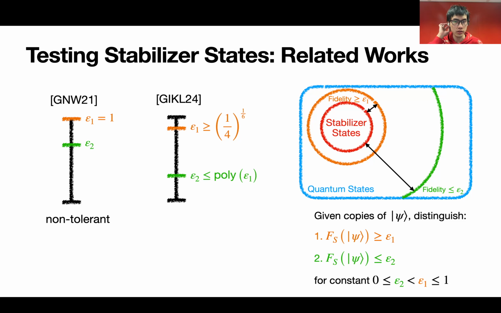Later, in GIKL24, they gave a tolerant tester, but it's not fully tolerant, which means that epsilon 1 can only be chosen larger than some constant number. You cannot choose epsilon 1 to be an arbitrary constant between 0 and 1. The relation between epsilon 1 and epsilon 2 is quite good, it's polynomially related.